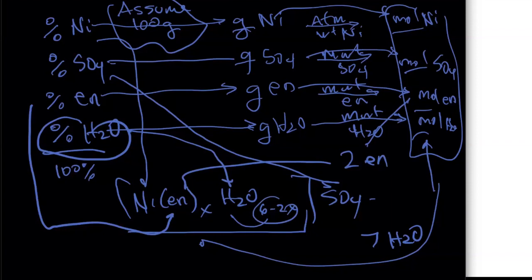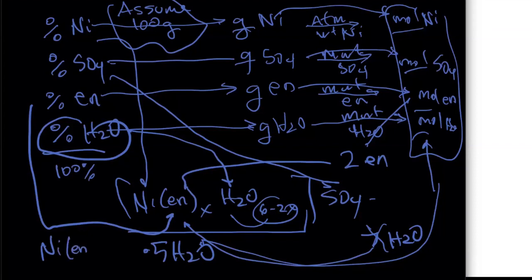That means that of this 7, 2 is going to be bonded to nickel, and then there are 5 waters that are hydrated.